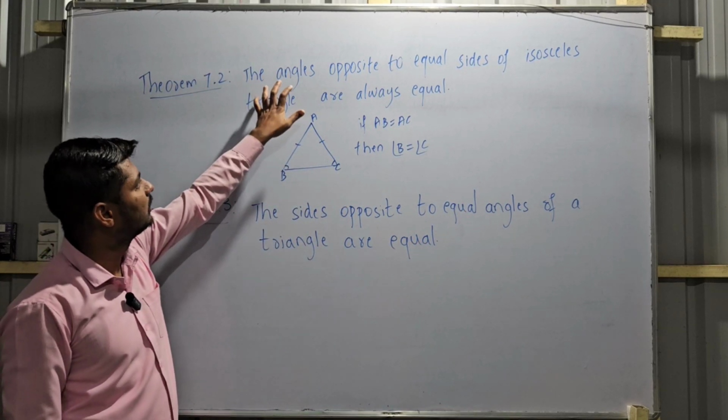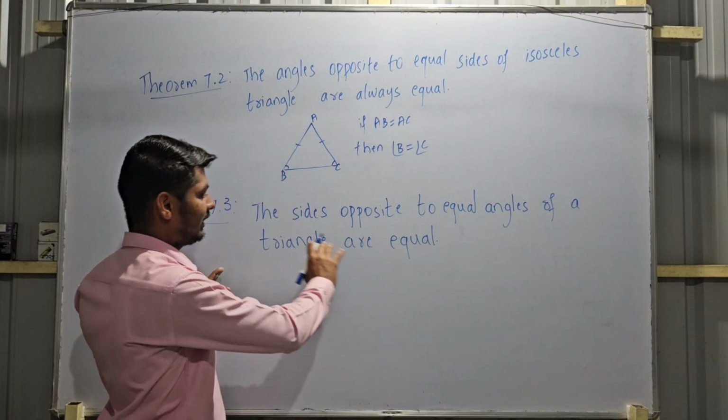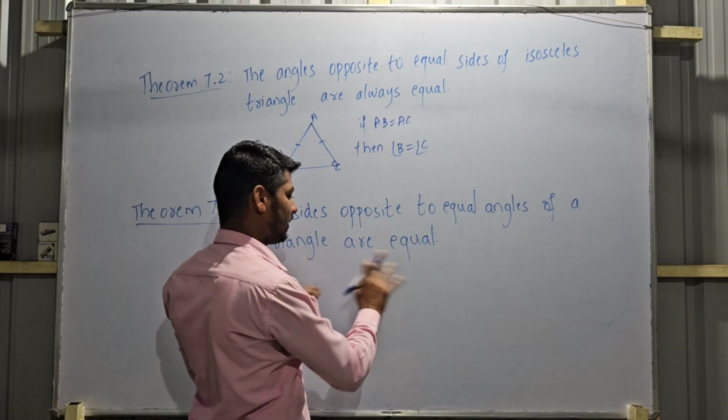So here we have taken the opposite angles. The angles opposite to equal sides are equal. Here we will take the sides opposite to equal angles of a triangle are equal.